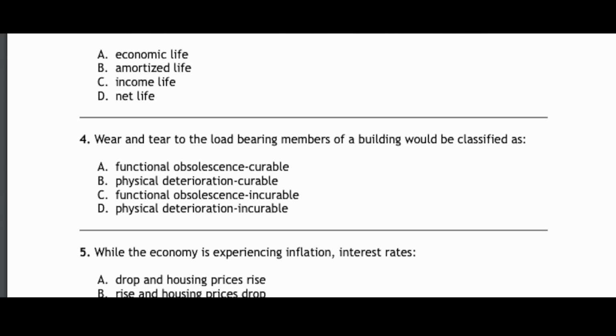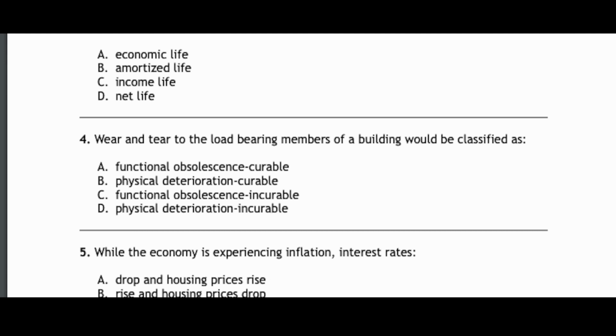Number 4, wear and tear to the load-bearing members of a building would be classified as A, functional obsolescence, which is curable, B, physical deterioration, which is curable, C, functional obsolescence, which is incurable, or D, physical deterioration, which is incurable.